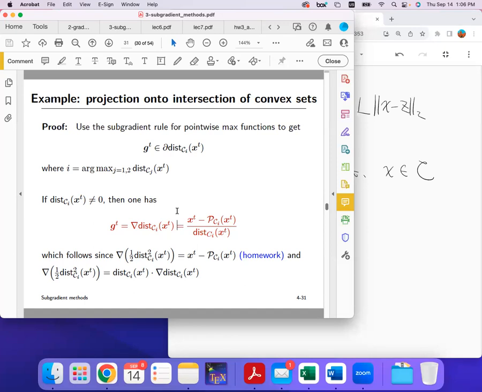It can be shown that the gradient takes this form. So g_t, which is the subgradient, in this case corresponds to the gradient of the activated distance function.